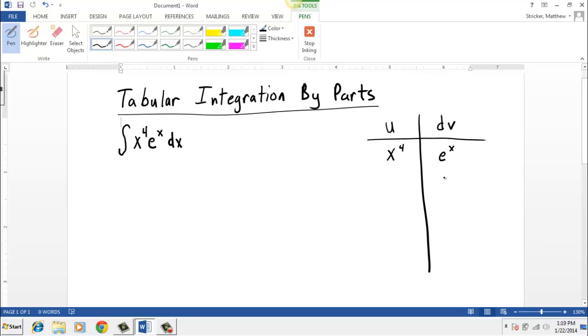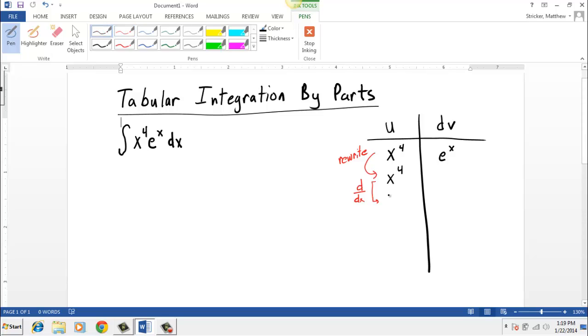And what we do is in each column we are going to repeat the same operation. So first of all, you want to rewrite the x to the fourth, the u, one time. So maybe make a little note here. We're going to rewrite. And then after that, we're just going to repeatedly take the derivative, with respect to x.